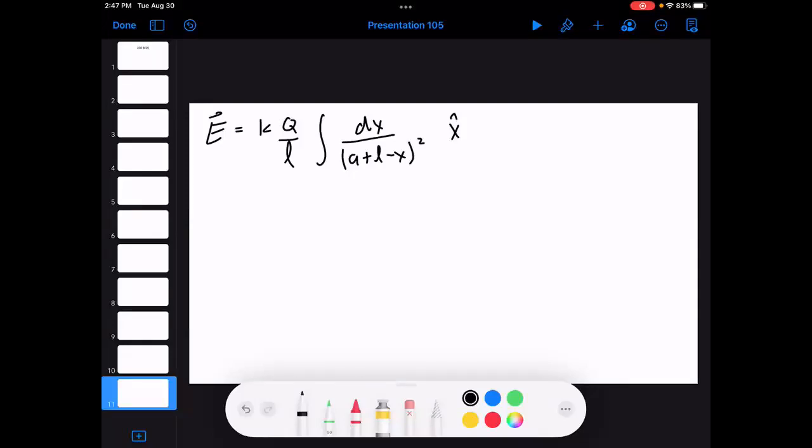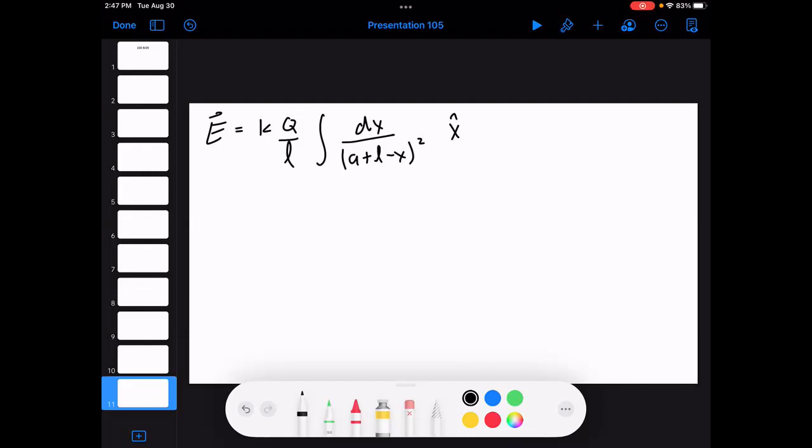Okay. Now looking at this, I have a plus L minus x. The little a and that L, are those constants or variables? Constants. So I can't take them outside because they're squared and they're kind of messed up in that. But I could do a u substitution kind of easily.